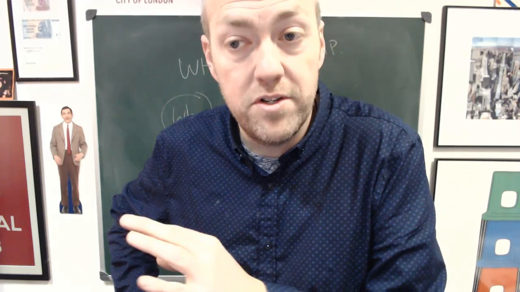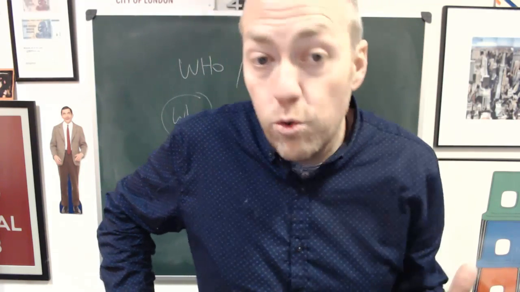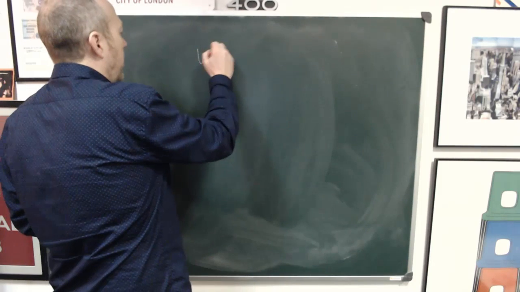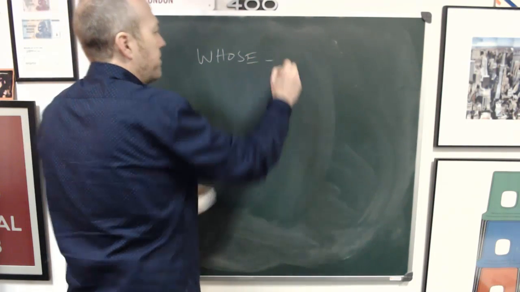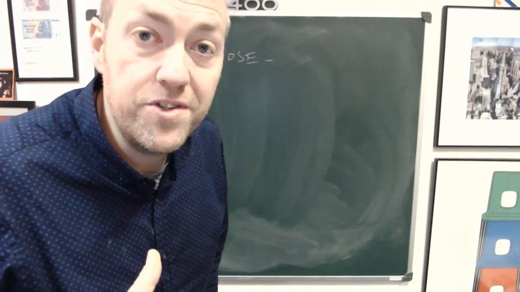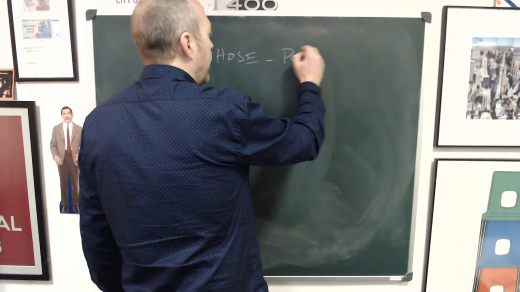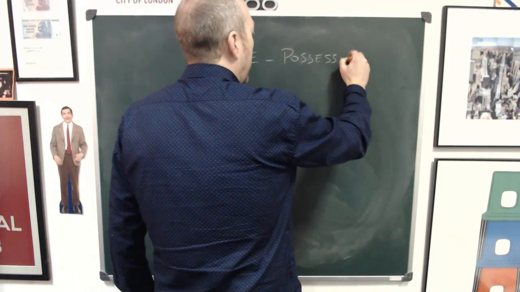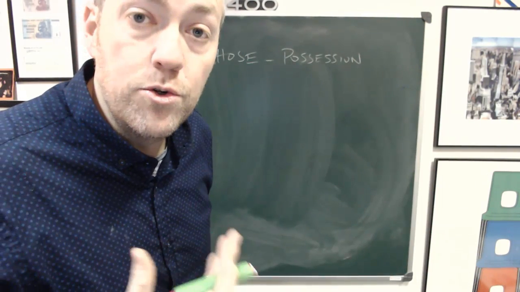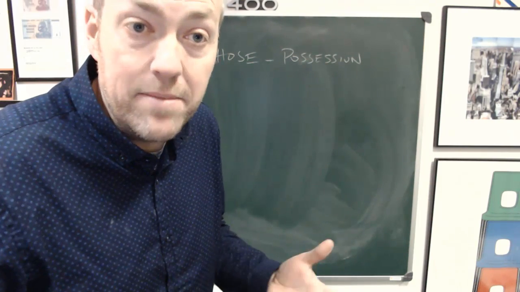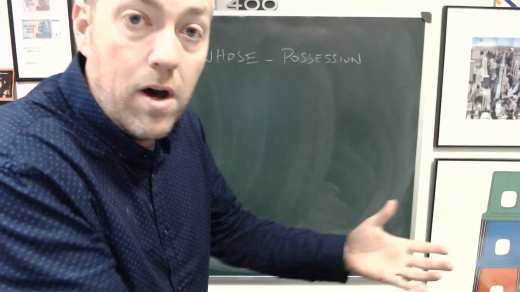The second part of your question, the difference between who and whose. So, whose indicates possession. And I can use it to ask questions or make statements about the possession of an object.